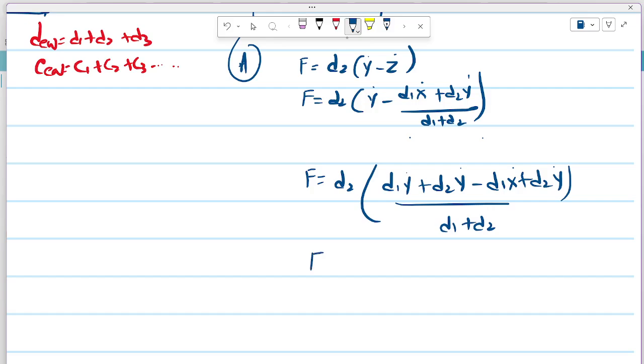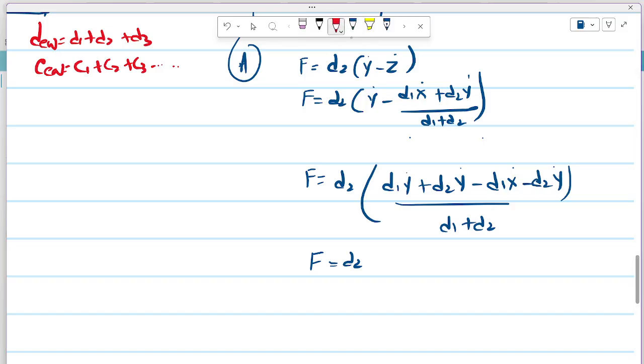This will be minus, not the plus, minus d2 ẏ.